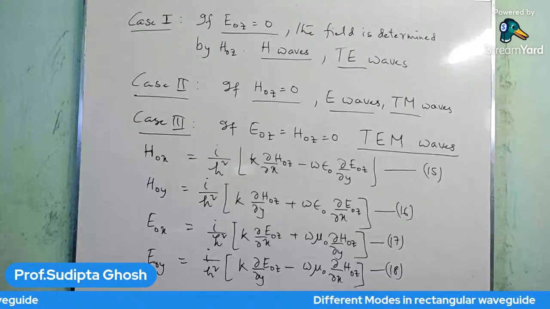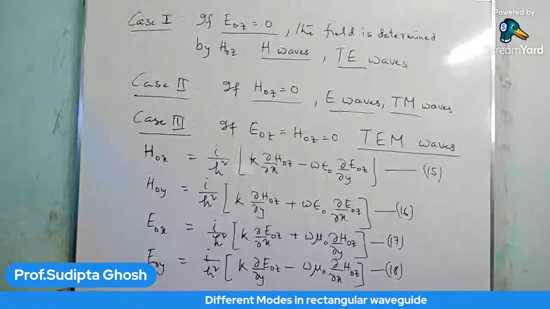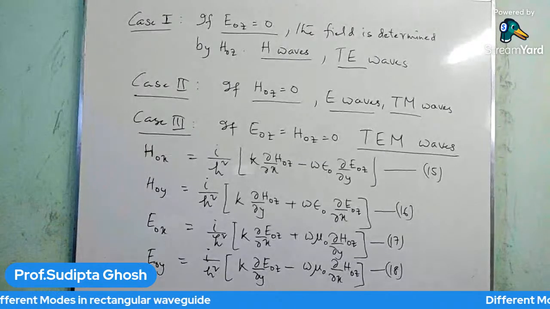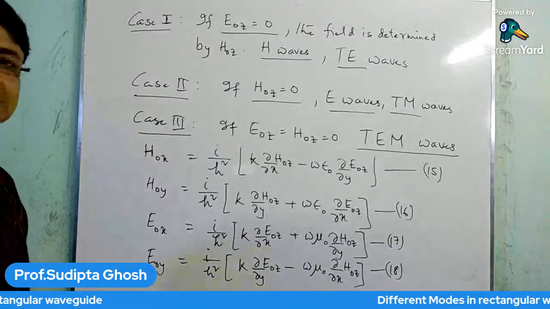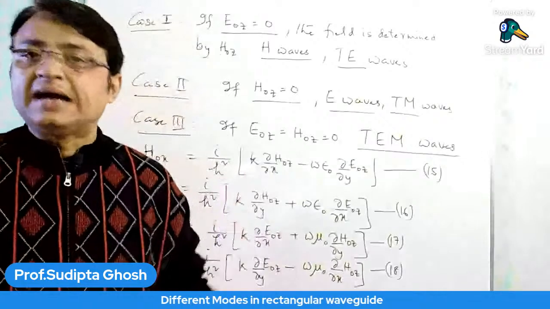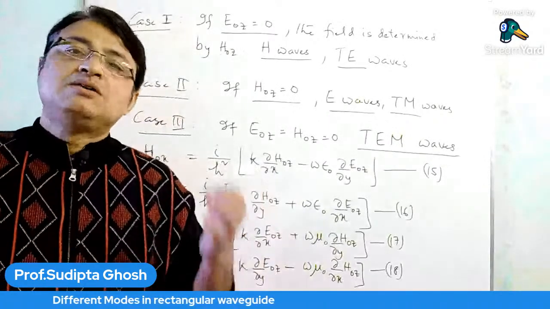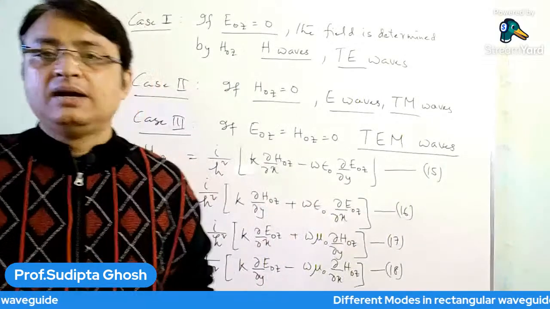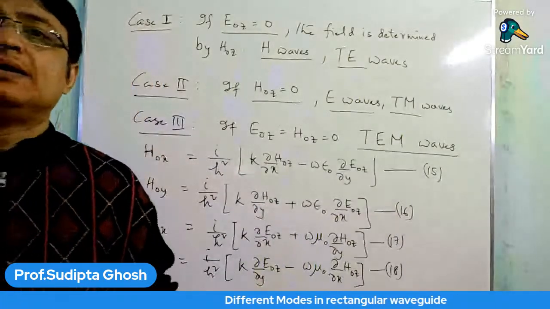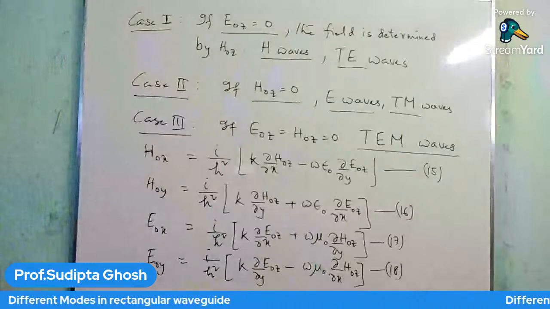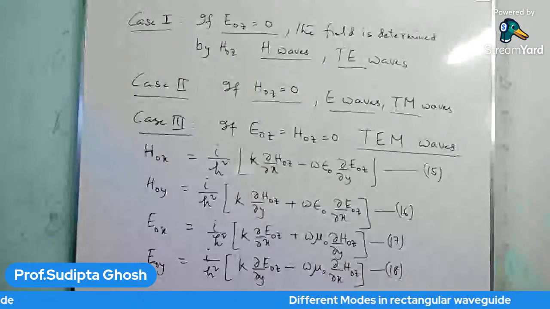Now what does this implicate? It implicates that pure transverse electromagnetic waves cannot exist in a rectangular waveguide. So in a rectangular waveguide, pure transverse electromagnetic waves cannot be propagated or cannot exist.